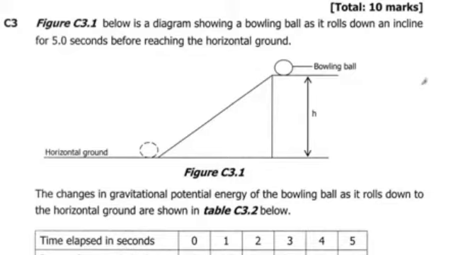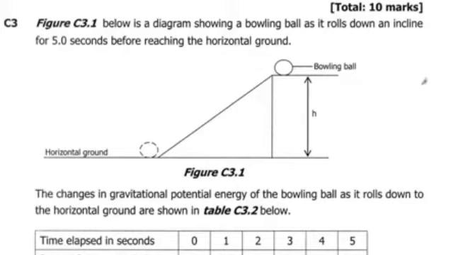Below is a diagram showing a bowling ball as it rolls down an incline for 5.0 seconds before reaching the horizontal ground.